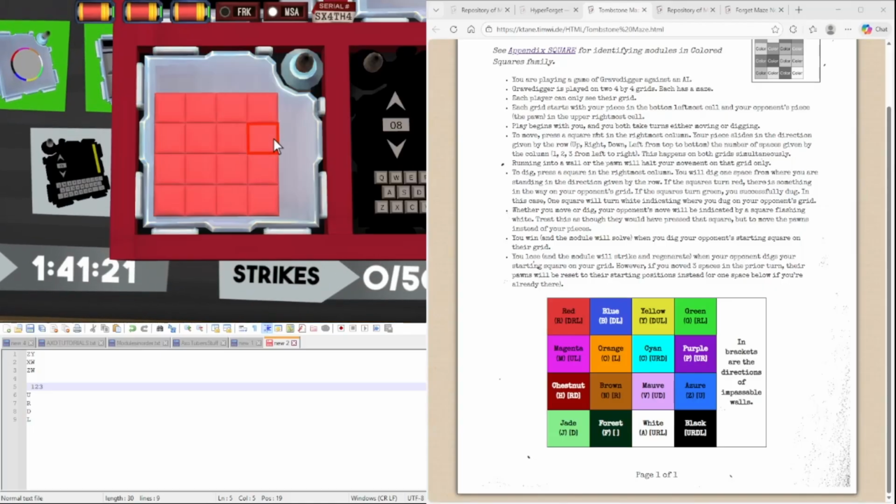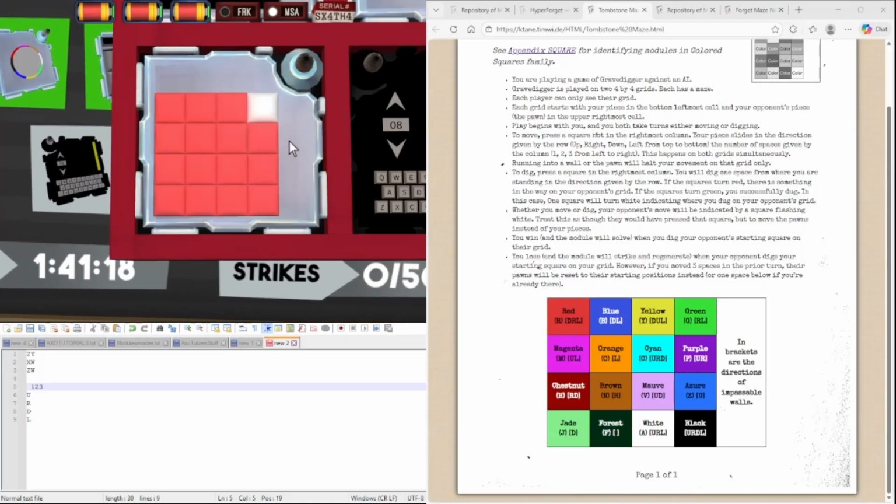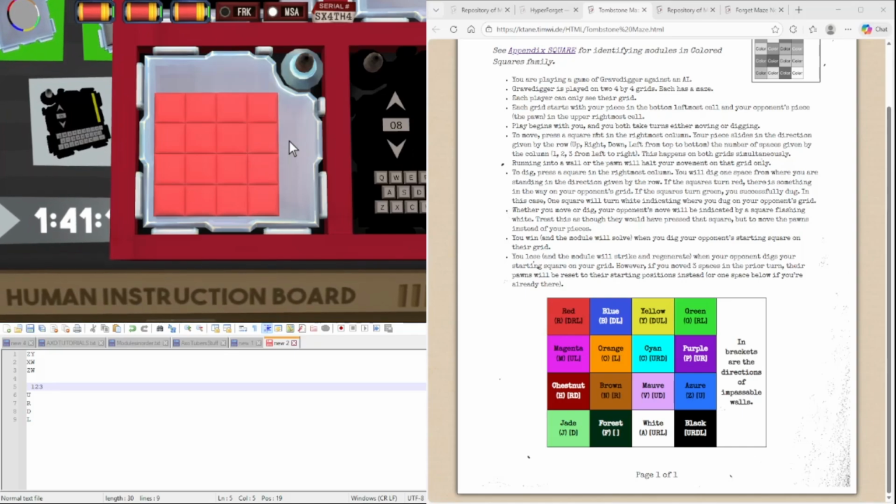This is where the confusing part comes in, because I've lost track of where the other person could be, so probably could end up striking here.